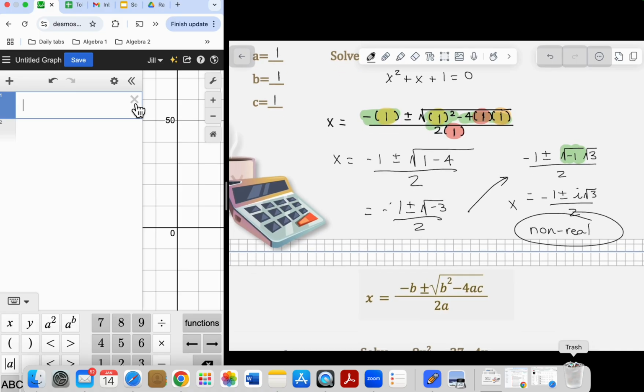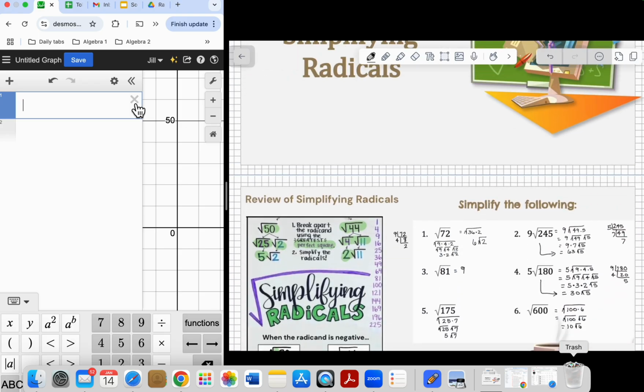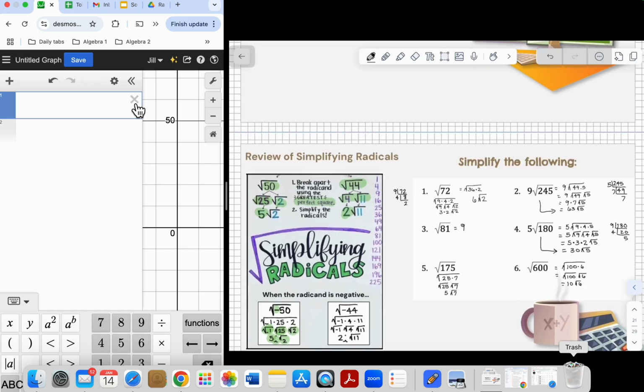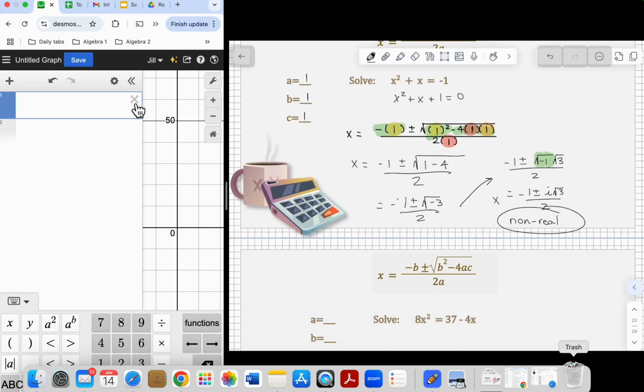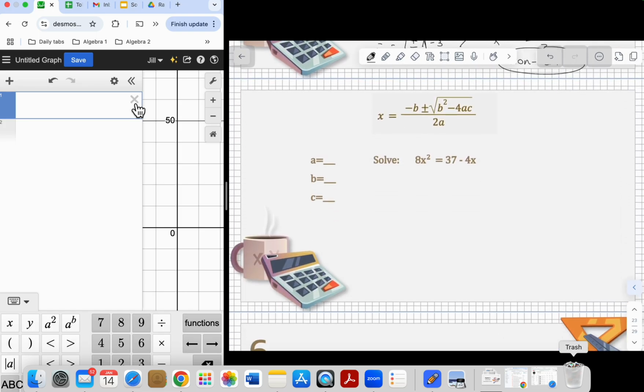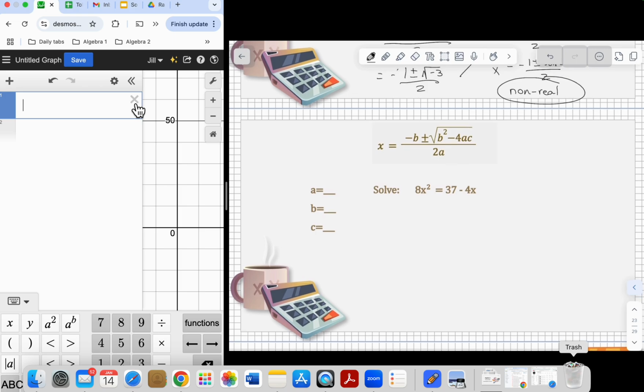This next one is going to have real solutions. So the first thing we need to do is get it in standard form. So we want to add 4x to both sides and subtract 37 from both sides. So we get 8x squared plus 4x minus 37 equals 0.